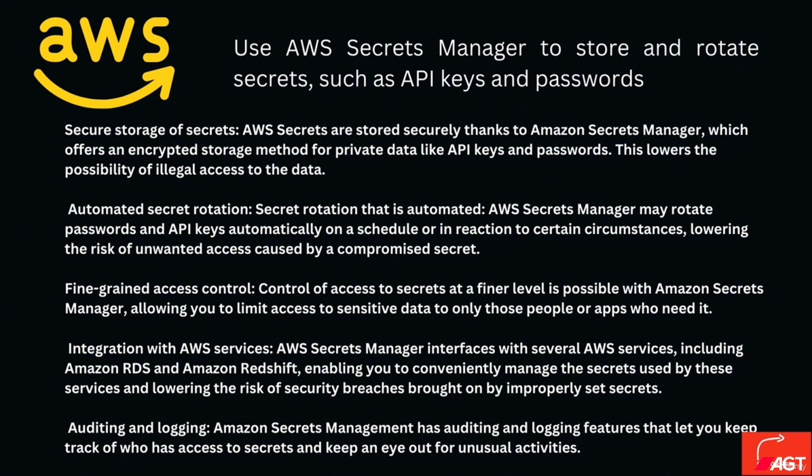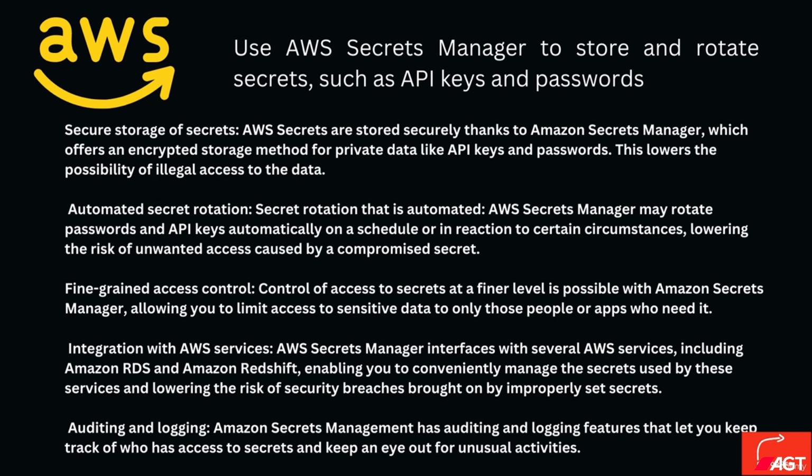Automated secret rotation. AWS Secrets Manager may rotate passwords and API keys automatically on a schedule or in reaction to certain circumstances, lowering the risk of unwanted access caused by a compromised secret. Fine-grained access control. Control of access to secrets at a finer level is possible with Amazon Secrets Manager, allowing you to limit access to sensitive data to only those people or apps who need it.